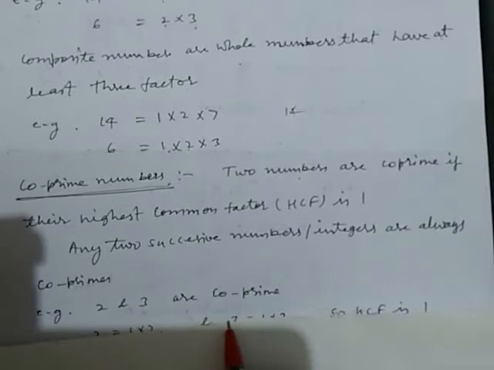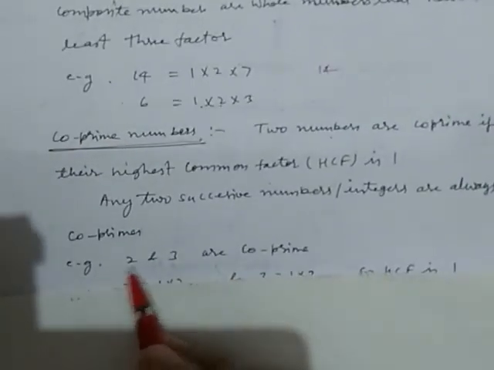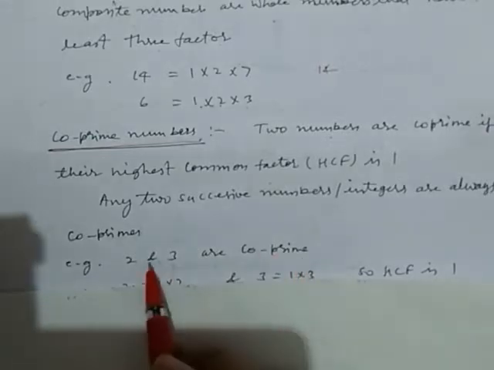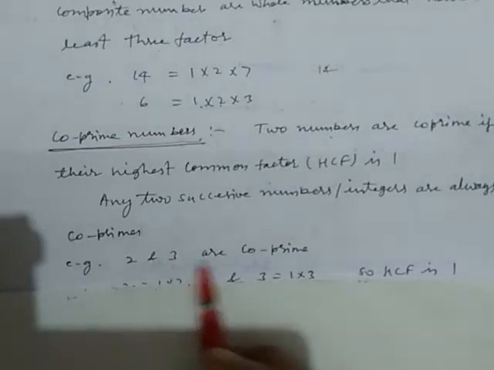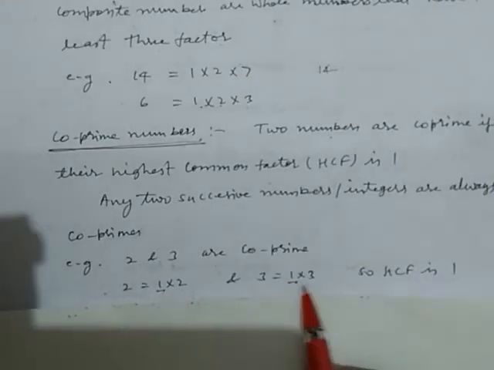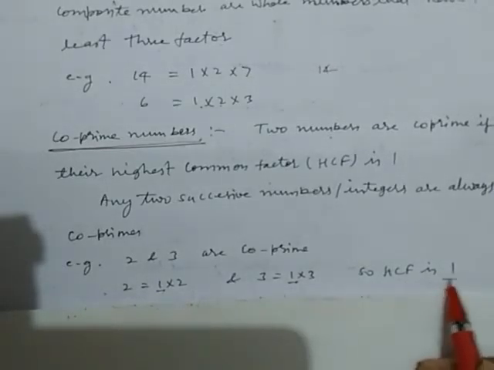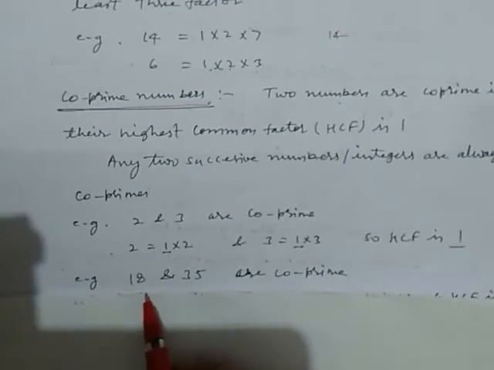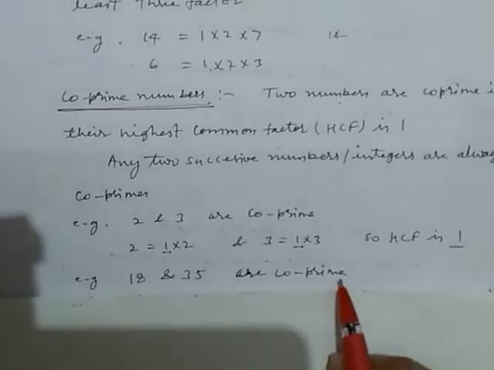We take an example. For example, 2 and 3 are co-prime, because in 2 and 3 there is only one common factor, which is 1. 2 can be represented as 1 into 2. 3 can be represented as 1 into 3. So HCF is only 1. There is only one common factor. Here we take another example. 18 and 35 are co-prime.